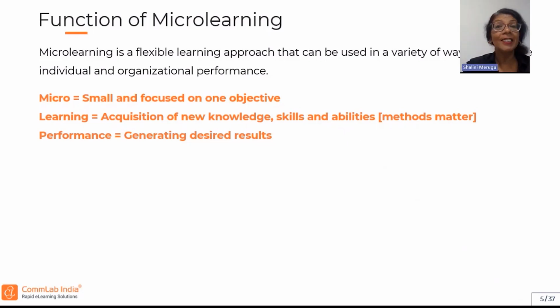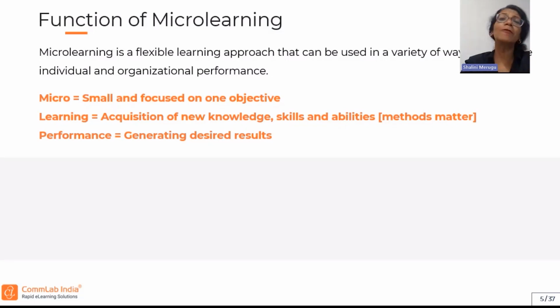The emphasis continues to be on learning as with any other learning initiative. So the emphasis is on acquisition of new knowledge, skills, and abilities. And the outcome is again the same for any learning initiative. The outcome is that of performance. So it should be able to generate the desired results.